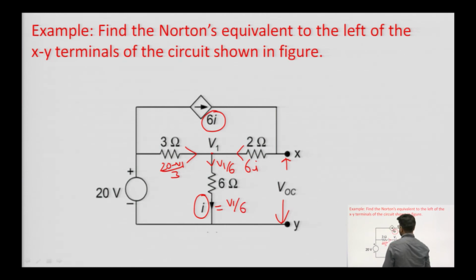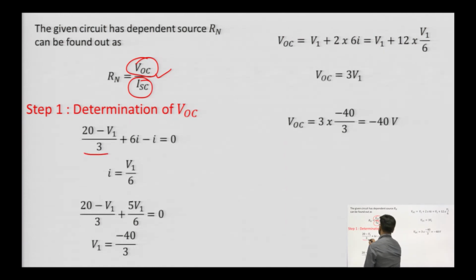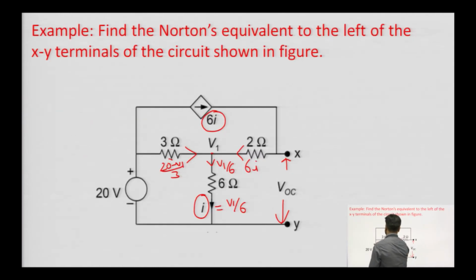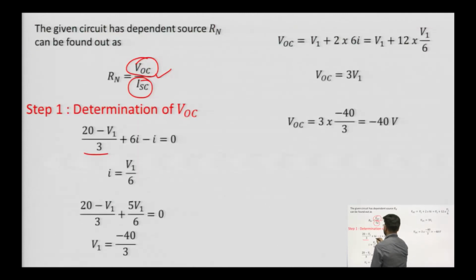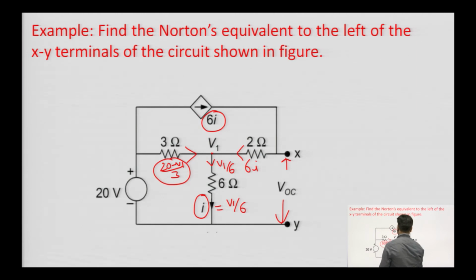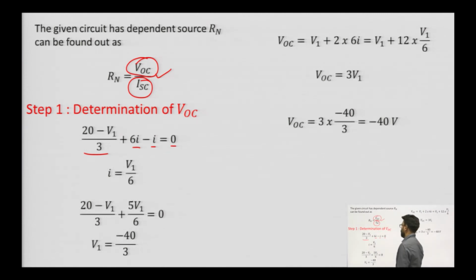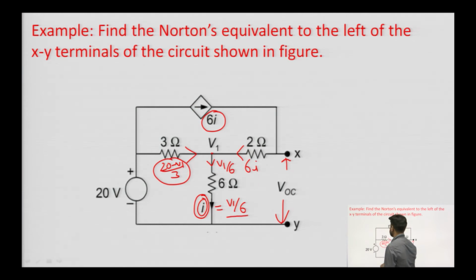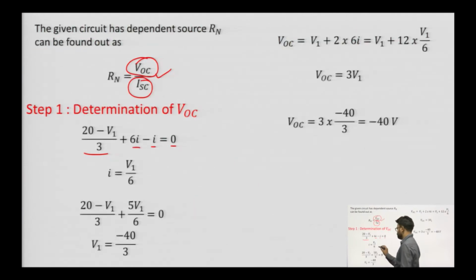So, we get the equation as (20 minus V1) by 3, which is this current, plus 6I minus I equals 0. 6I is the incoming current and the outgoing current is I. So, this equation will be (20 minus V1) by 3 plus 5I equals 0.